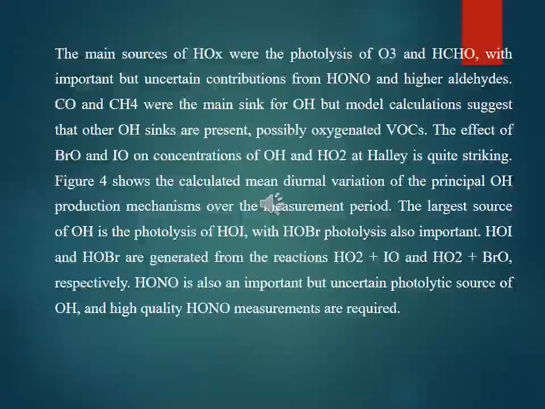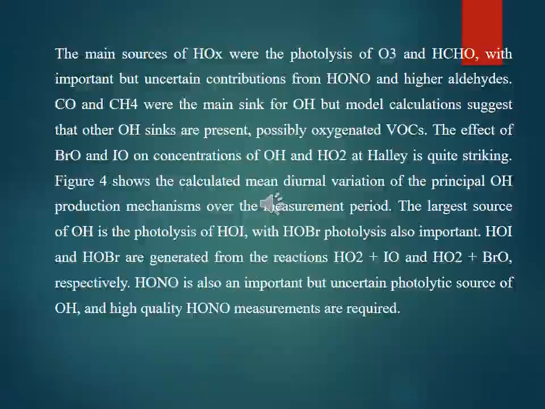The effect of bromine oxide and iodine oxide radicals on the concentration of hydroxyl radical and perhydroxyl radical at Halley is quite striking. The largest source of hydroxyl radical is the photolysis of HOI and HOBr.